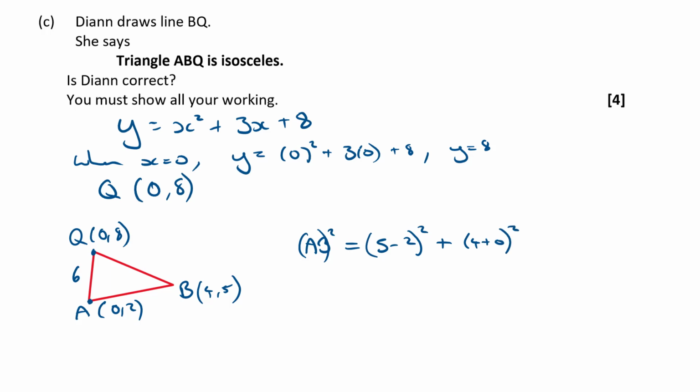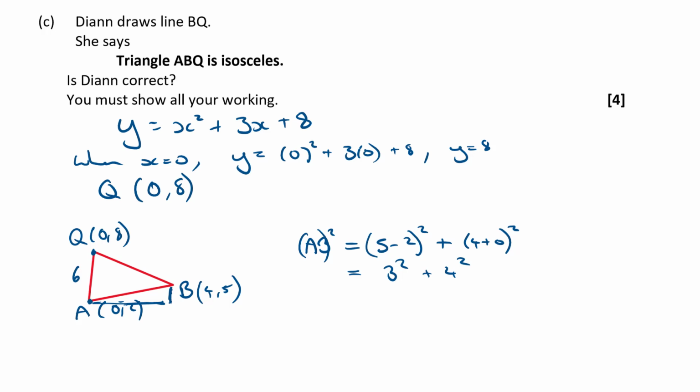Okay, so I'm just kind of triangulating here and here. So 5 subtract 2 is this distance, and 4 subtract 0 is this distance.